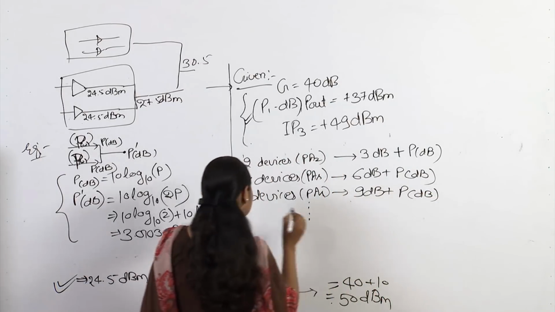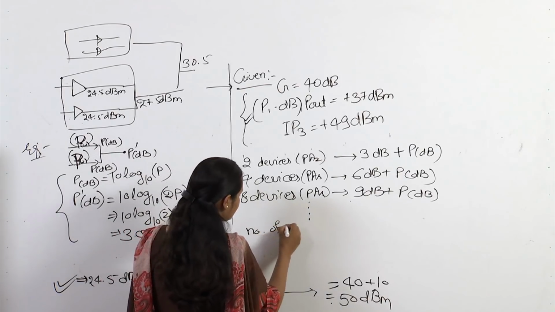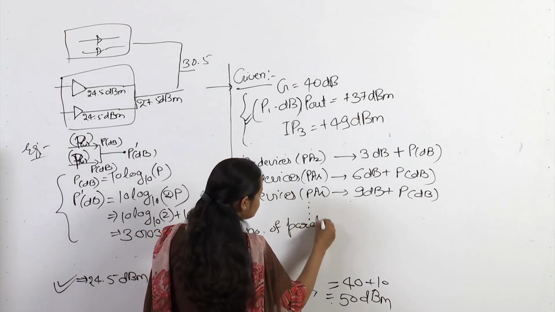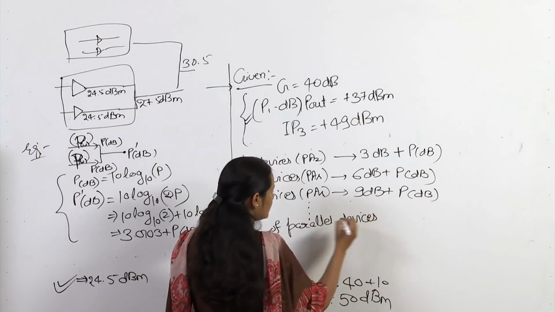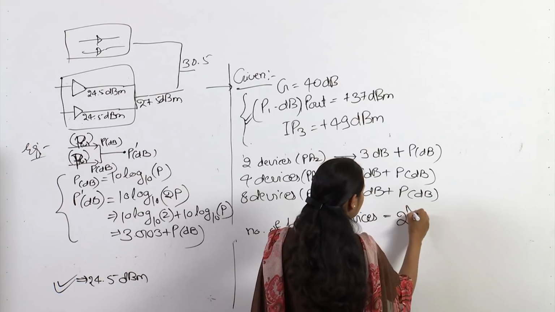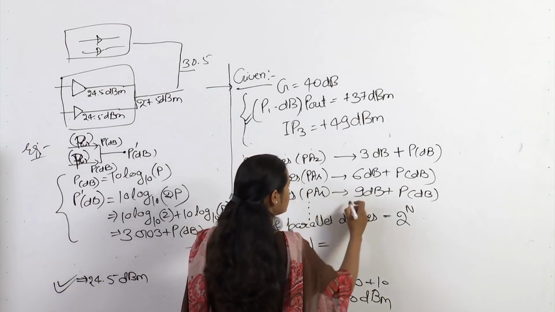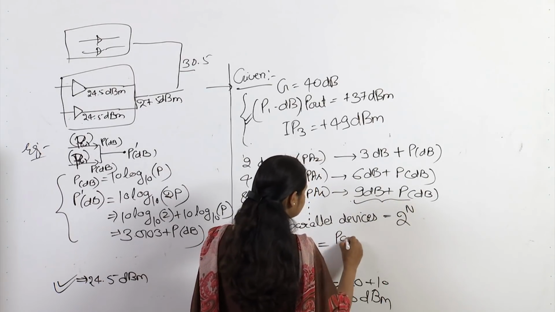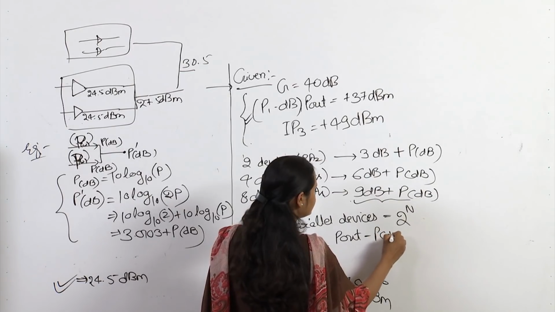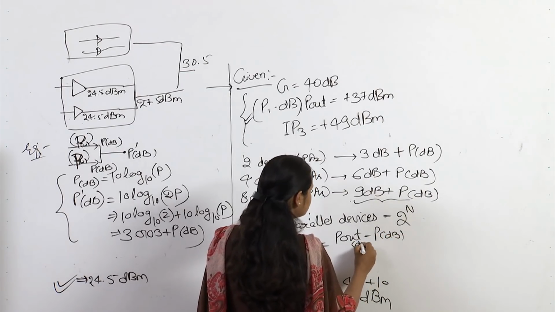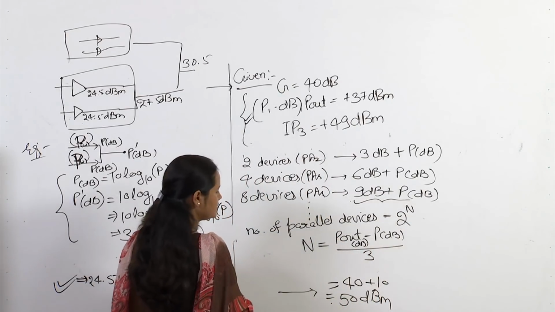So, if you look at this trend, the number of parallel devices is actually 2 to the power n, and this n is actually P out minus original P dB, this is also in dB, divided by 3, right.